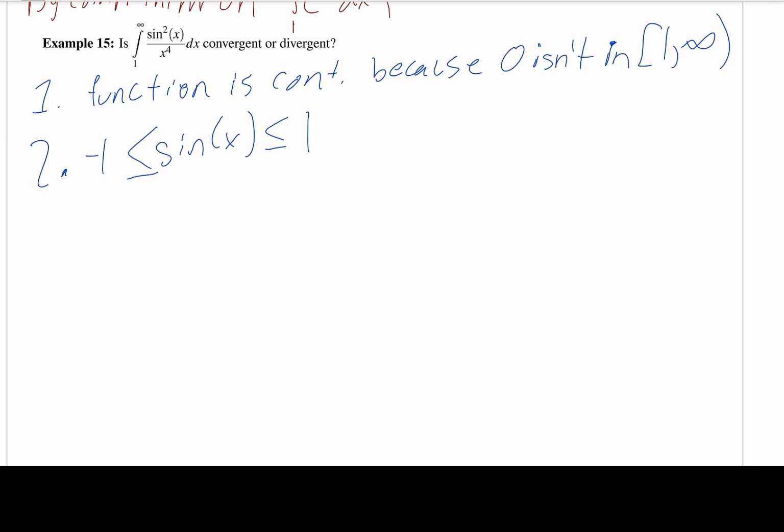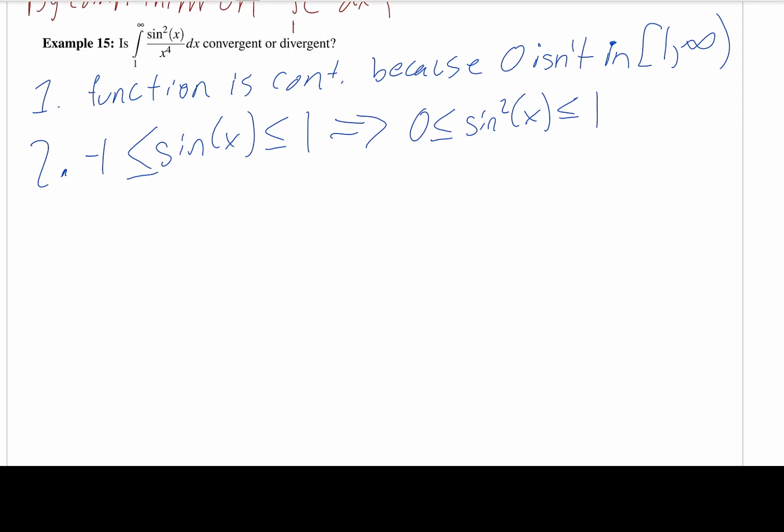So if I square this, all of our negative values become positive. We'll still have 0 as possible because, say, sine of pi is 0, so sine squared of pi is still 0. So this tells me that 0 is less than or equal to sine squared of x, which is less than or equal to 1.